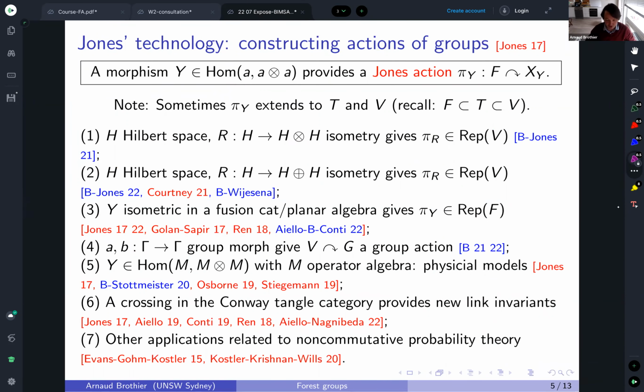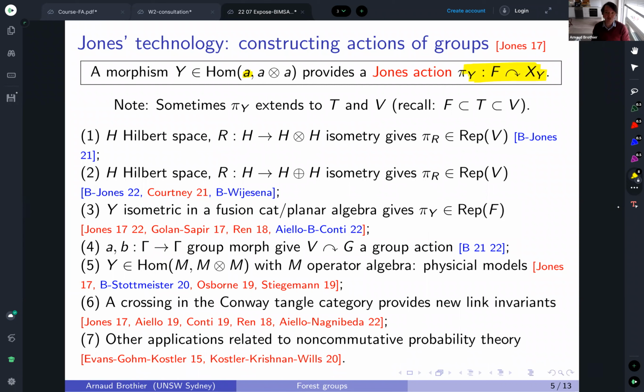And so a wonderful idea is that you take any category, you take any object little a in your category, take one morphism, that I call it like that. Well, basically sending your forest or your tree and replacing your branching by this morphism will give you a functor from the category of forests. And what Jones saw is that this actually gives you an action of the Thompson group.